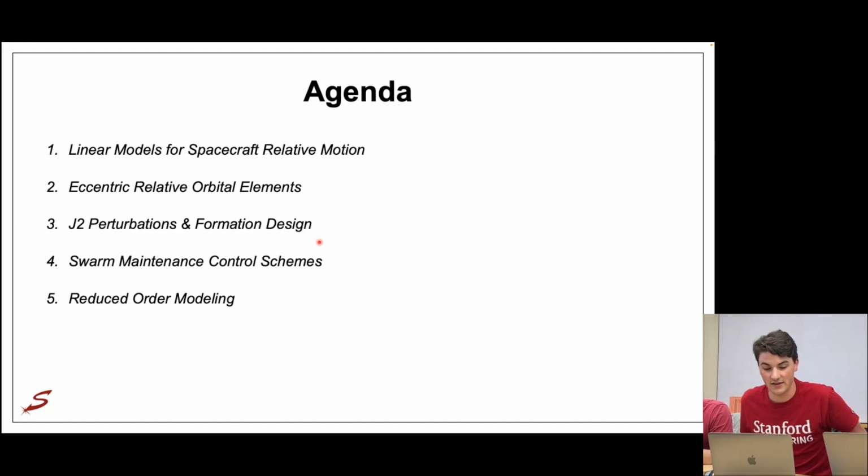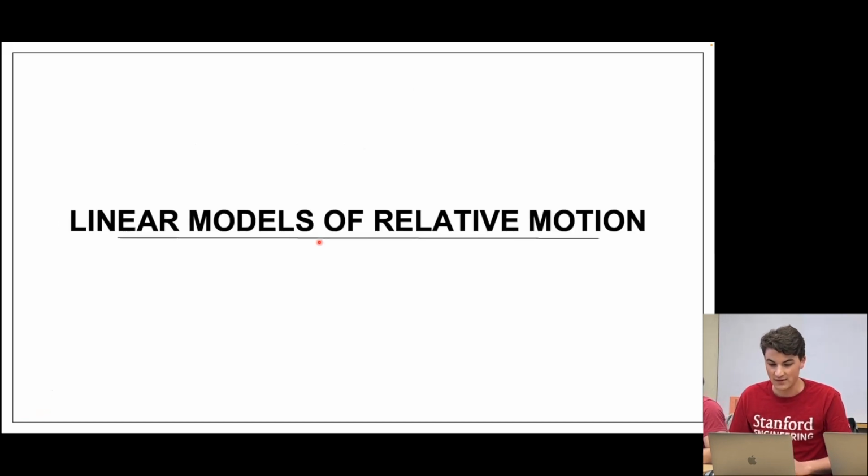Then we're going to start discussing J2 perturbations in eccentric orbits and some formation design strategies that go along with those perturbations. Then we'll move on to swarm maintenance control schemes. And then at the very end, we'll finally touch on where this project started, which was reduced order modeling. And I have a short scenario set up to show the power of the model. So yeah, we'll get started on linear models of relative motion.